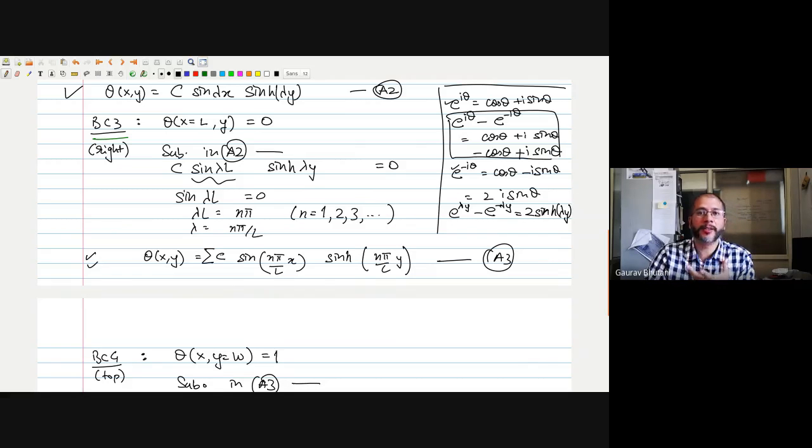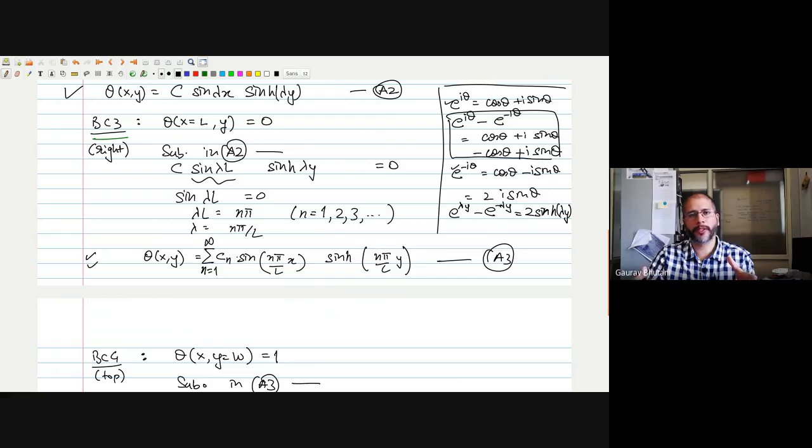So the most general solution for this equation actually is this solution, which is a combination of all the solutions for different values of n, and for each solution we'll have a different constant. The amount of contribution of each solution may be different.